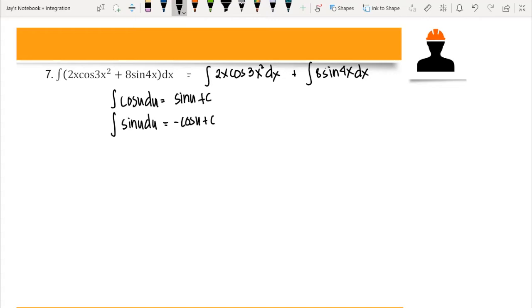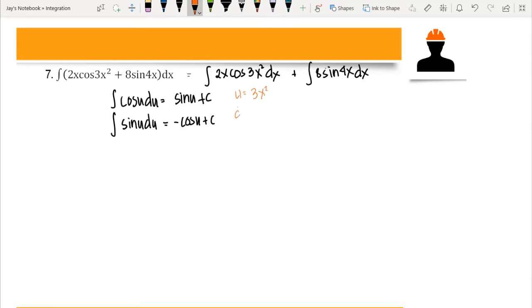However, before we apply this rule, we need to check if the equation satisfies the given trigonometric integration rule, by first locating the u and the du in the integrand of the function. In our first term, our u is the angle of the cosine, that is 3x squared.